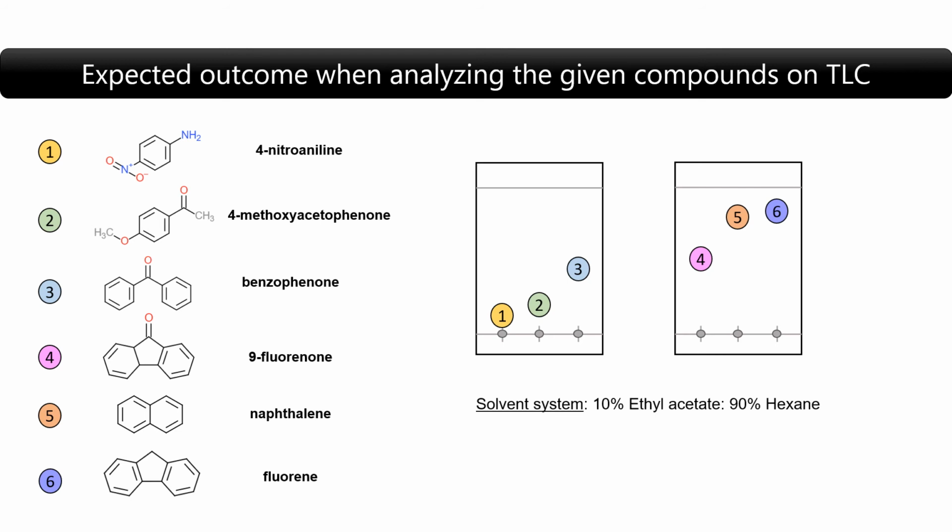What does this trend tell you about the polarity of each of these molecules and how they got separated? So try to make some comments in the discussion about the relationship between the RF value and the polarity characteristics of each of these molecules versus the polarity of the TLC plate and solvent system.